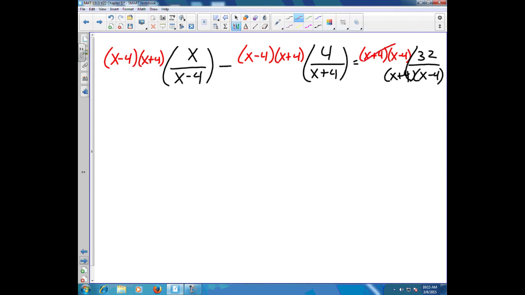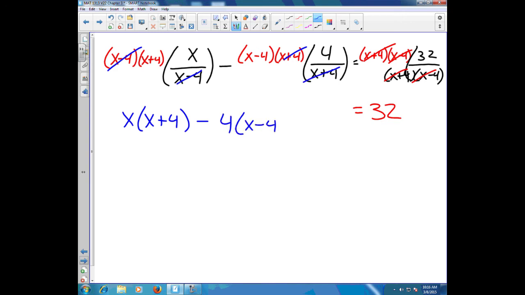And so now these factors will both cancel, and we're left with on this side just 32. On the left, the x minus 4's cancel, and we're left with x times x plus 4 minus, here the x plus 4's cancel, and we're left with 4 times x minus 4 equals 32.